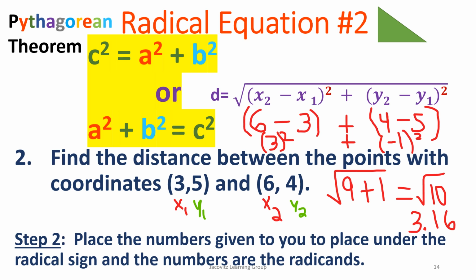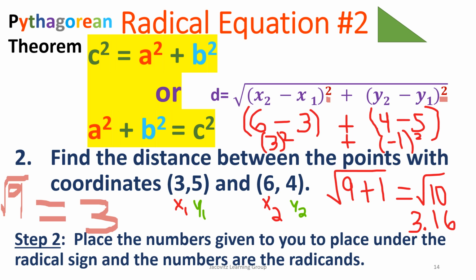3 squared, 1 squared. This square is under the radical, so is this square. You have to keep your squares under the radical. Sorry guys, I know when you're doing square roots you're taught not to, but this is not the square root of 9 plus 1 equals square root of 10. And if you remember, the square root of 9 is 3, you know that this has to be a little bit over.